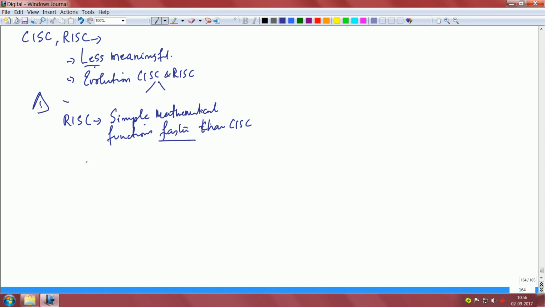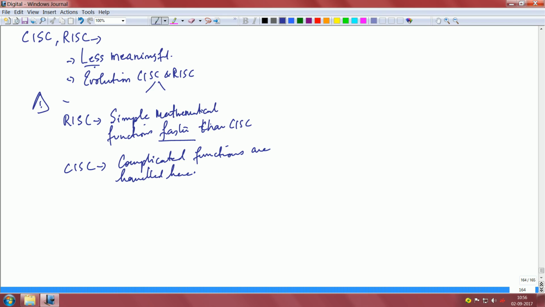Faster than CISC, but CISC can do much more complicated functions, okay. Complicated functions are handled well here. So that indeed is the main thing.